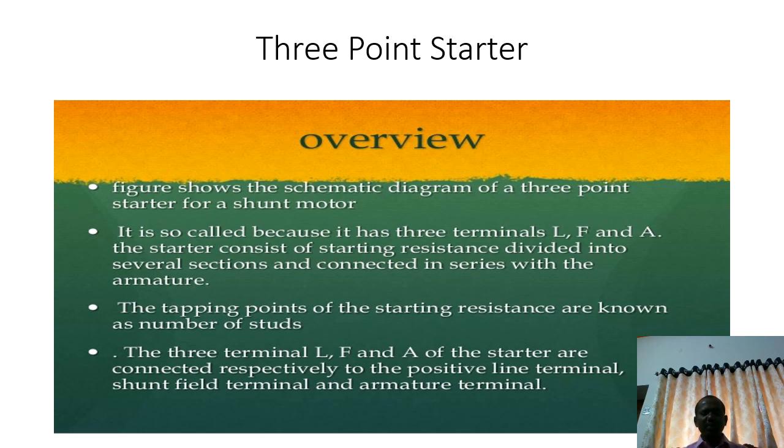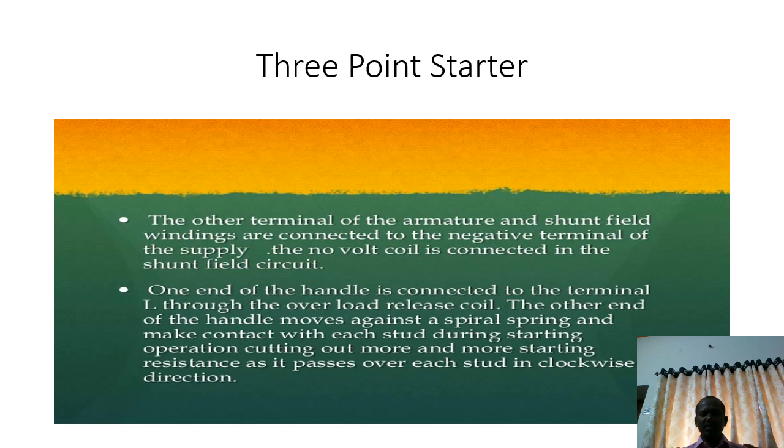Once again, we can remember these points. The 3 terminals, line, field, and armature of the starter, are connected respectively to the positive line terminal, the shunt field terminal, and the armature terminal. The other terminals of the armature and the shunt field winding are connected to the negative terminal of the supply.